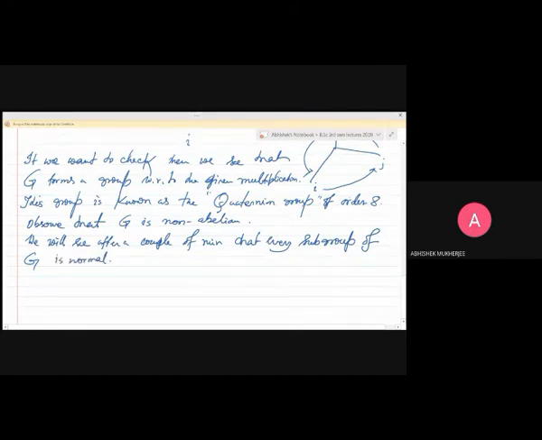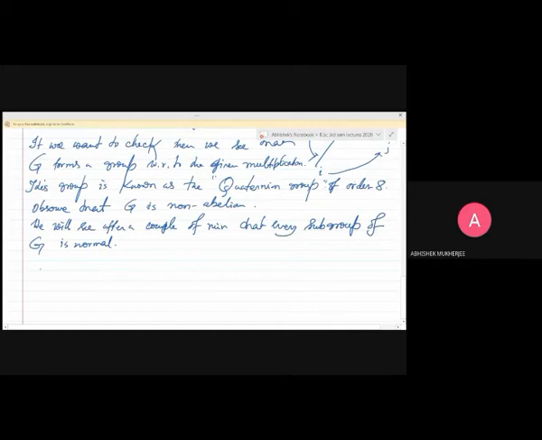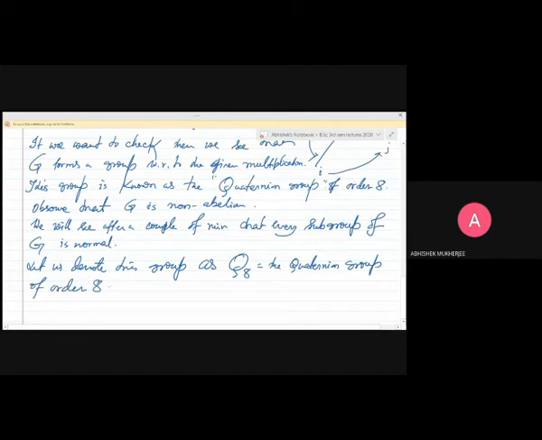Let us denote this group as Q8. That is the Quaternion group of order 8.